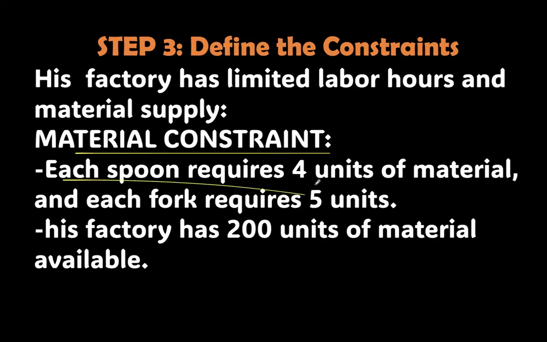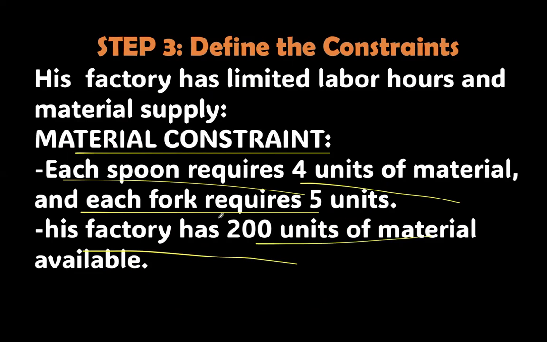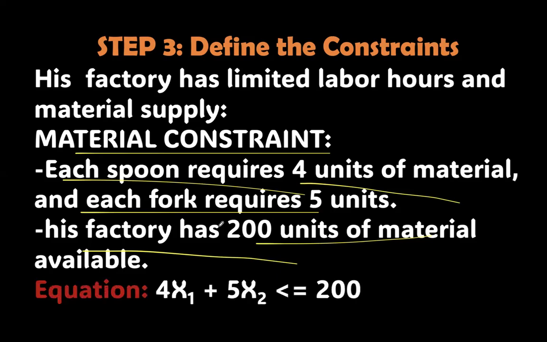Each spoon requires 4 units of material, and each fork requires 5 units. This factory has 200 units of material available. So it will be 4x1 plus 5x sub 2, which is less than or equal to 200. Those are the equations for defining the constraints.